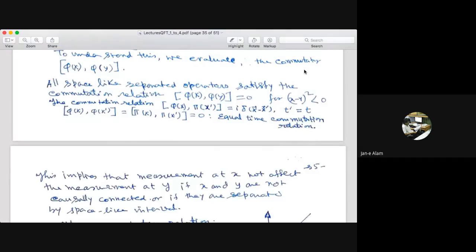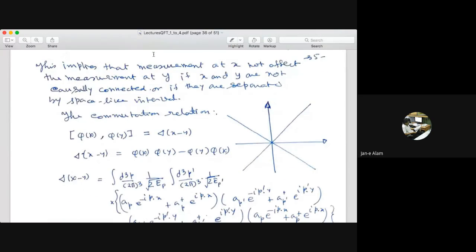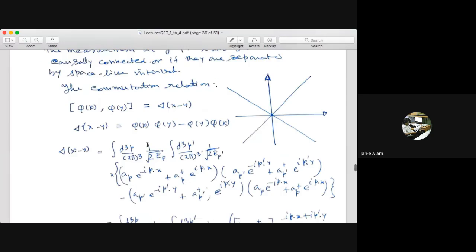X by t, if you call it velocity, then c is becoming less than x by t. So the space-like domain is not causally connected. So what we want to do is calculate this commutator of phi x and phi y and see whether in the space-like domain it is vanishing or not.